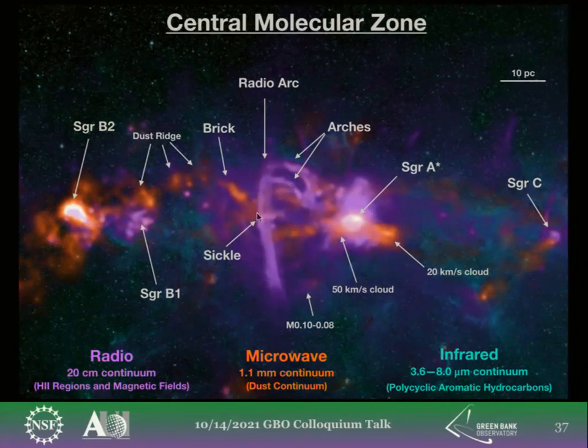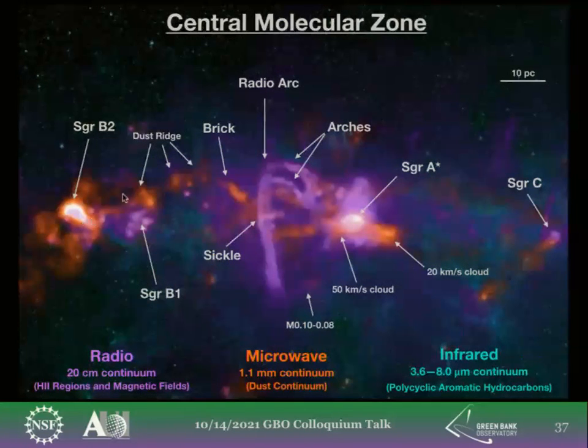The microwave, which is 1.1 millimeter continuum, is the dust continuum, and typically traces a lot of the dense clouds throughout the region. And then infrared is mainly tracing a lot of the PAH emission throughout the galactic center.